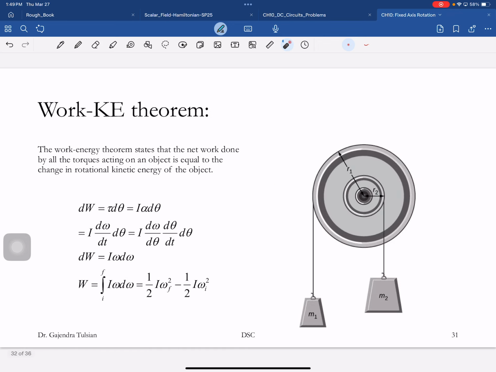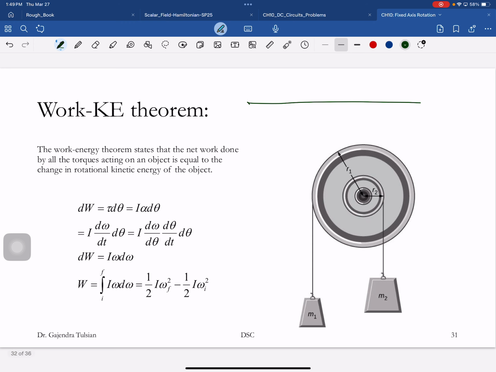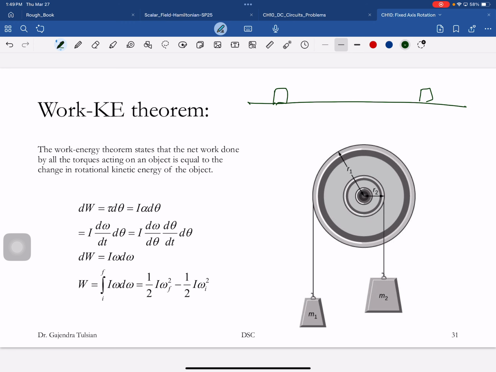All right, now we're going to give you the work energy theorem for rotational motion. Let me remind you the work energy theorem for linear motion. Let's say there were several forces acting on this object. There was the initial velocity and the final velocity. The net work done, that is the work done by all the forces acting on the object, shows up as change in kinetic energy.